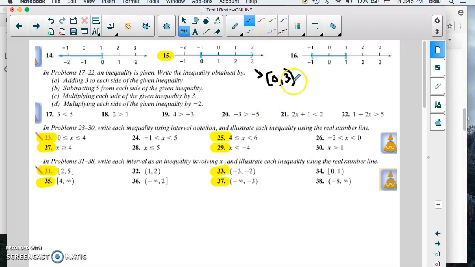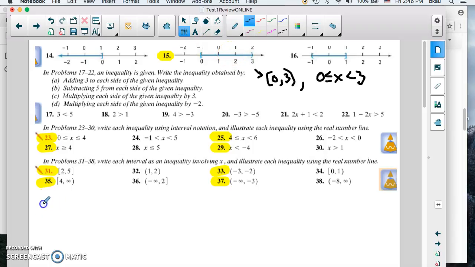We could also write that in inequality symbols as 0 is less than or equal to x is less than 3. So that's interval notation. This is inequality notation. And when we drop down to these problems, they want you to rewrite them in interval notation and write it on the number line. So they're going to ask you to do this part and this part.